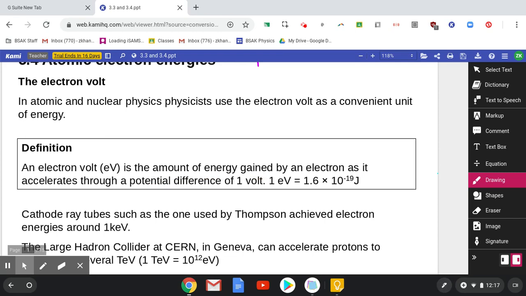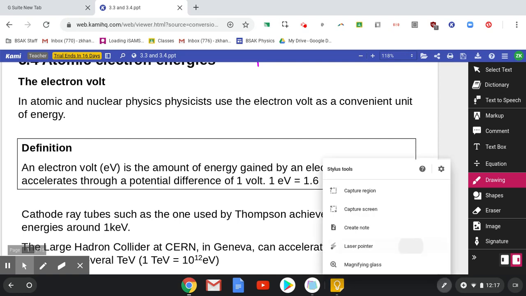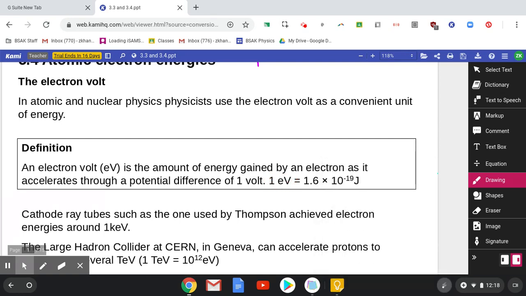Now, how do we arrive at 1 electron volt equating to 1.6 times 10 to the minus 19 joules? Now, we know that the volt is defined as the work done per unit charge. Rearranging that gives us the work done is equal to the potential difference times the charge.